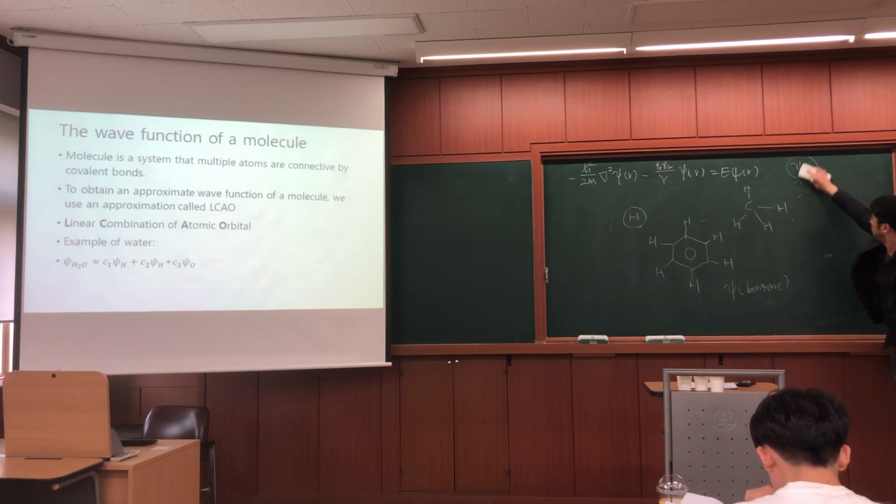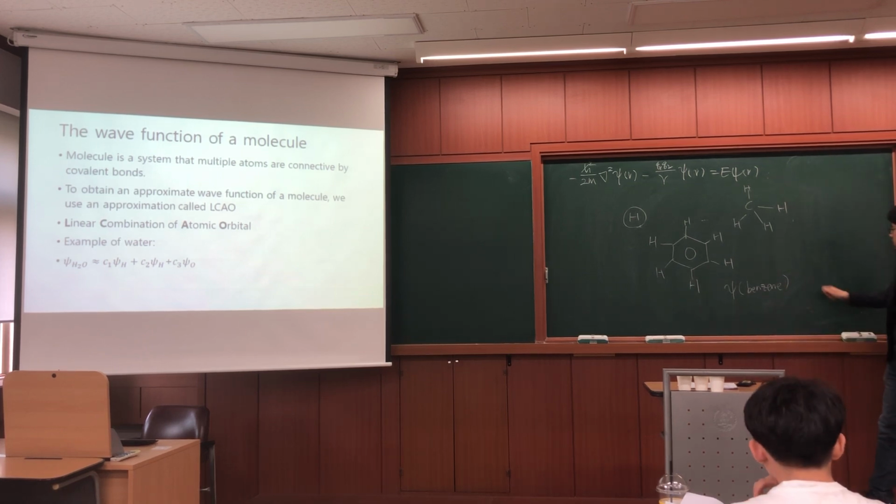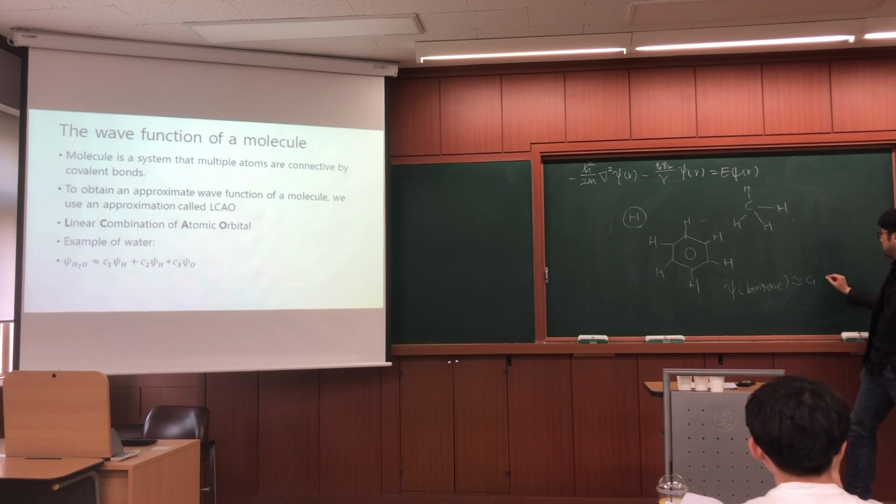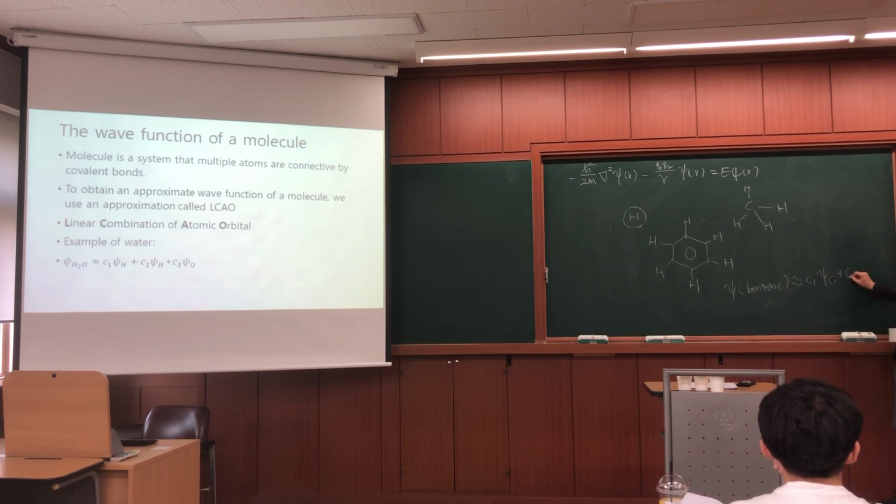Then we can write it as follows. We assume that the wave function of benzene can be written with carbon 1 and C2, carbon 2, and C6, carbon 6.